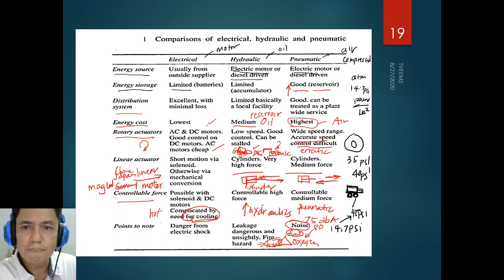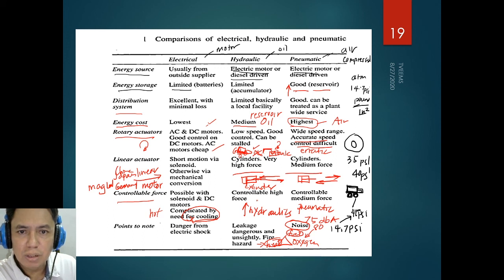So this is the comparison of the three drives used in robotics: electrical, hydraulic, and pneumatic. In the following video, I will explain the motion of hydraulic and pneumatic in terms of motion configuration, like A plus, A minus, meaning forward and reverse.